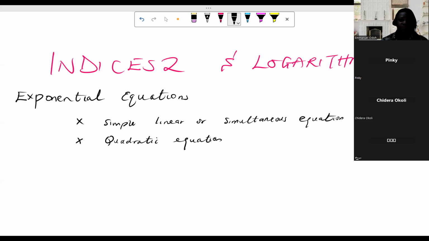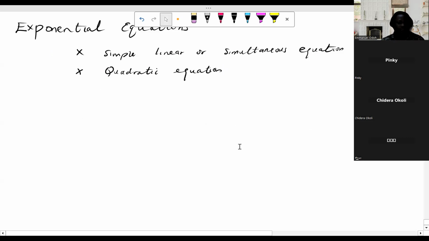We're going to begin from the very simple linear equations, and we're just going to solve some problems. We'll go directly to problem solving, but we'll begin from the simple cases.